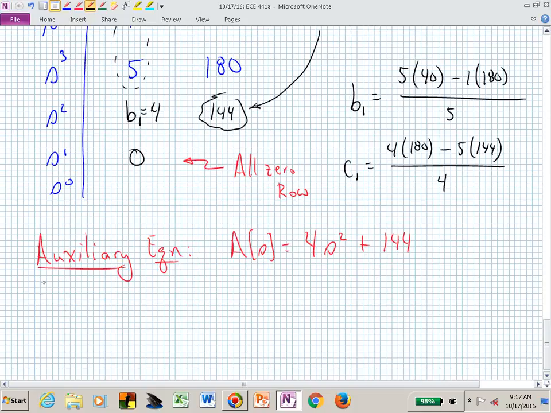But this auxiliary equation is from the S squared row, which is immediately above, and now we differentiate that auxiliary equation with respect to S, giving us 8S, and now we populate or use that polynomial to populate the all zero row. So we're looking for now a way to fill in the S1 row.